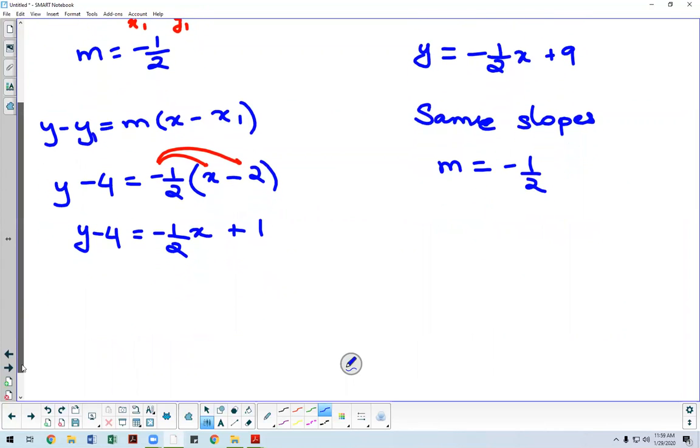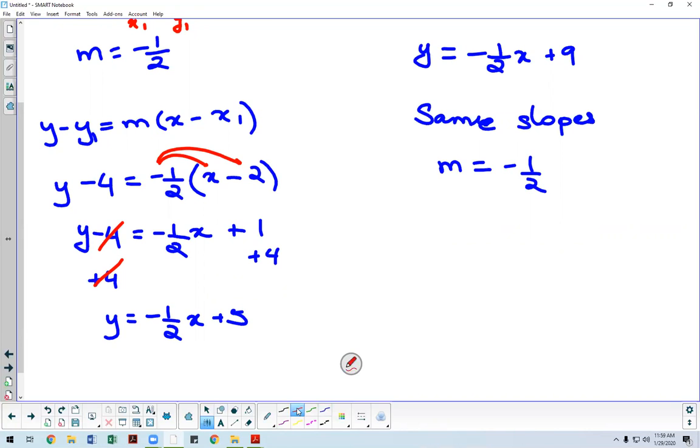And then the very last thing is to move the 4 to the other side, to get the y by itself. Which will give us y equals -1/2 x plus 5. And this is the line we were asked to find.